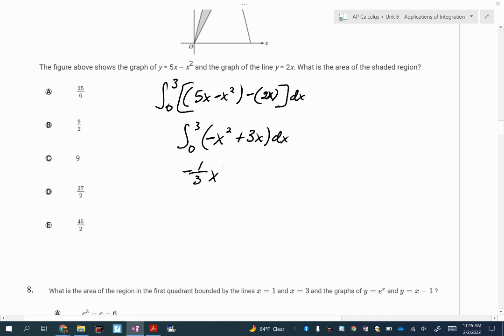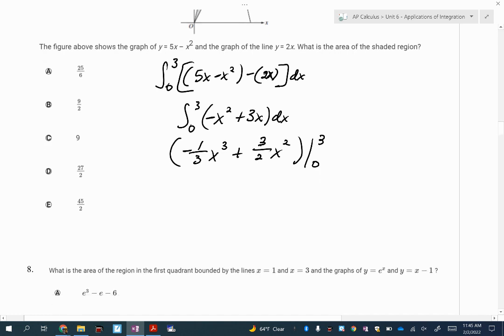So negative 1/3 x cubed. This needs to be x squared, but I need 3 in front, so I'm going to put 3/2. Evaluated at 3 and 0. Again, I don't need to do 0, so I'm just doing 3.